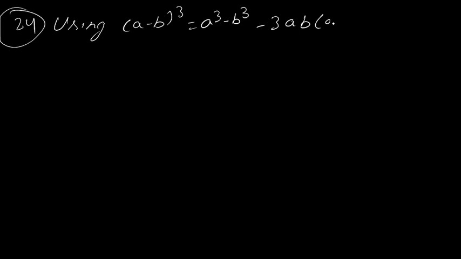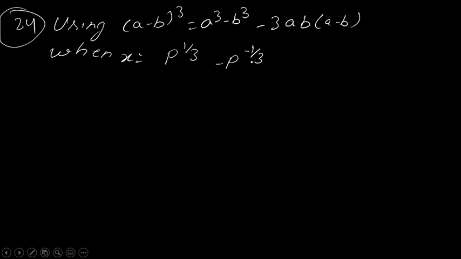They have said: using a minus b whole cube equal to a cube minus b cube minus 3ab times (a minus b), find the cube of this when x equal to p to the power 1 by 3 minus p to the power minus 1 by 3.